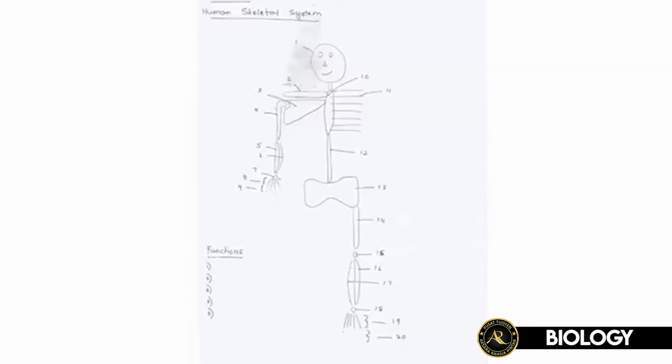Okay, so let's go to your lower body now. The first bone over here is the bridge bone for your upper body and your lower body. It is known as pelvis. Then from here all the way to the last one is your leg. Number 14 is known as femur.